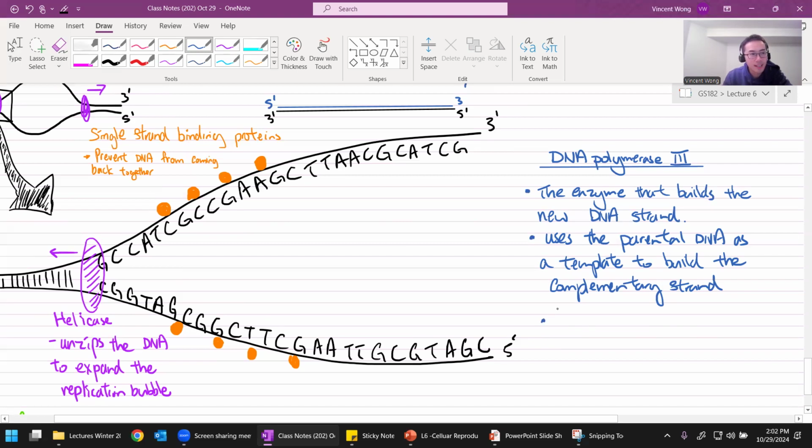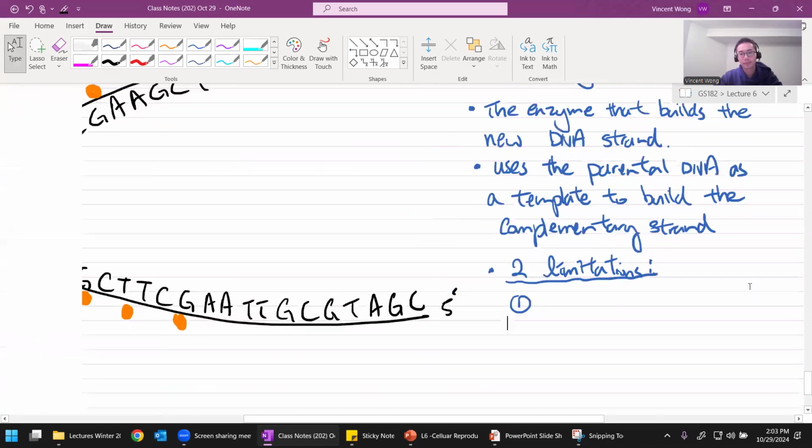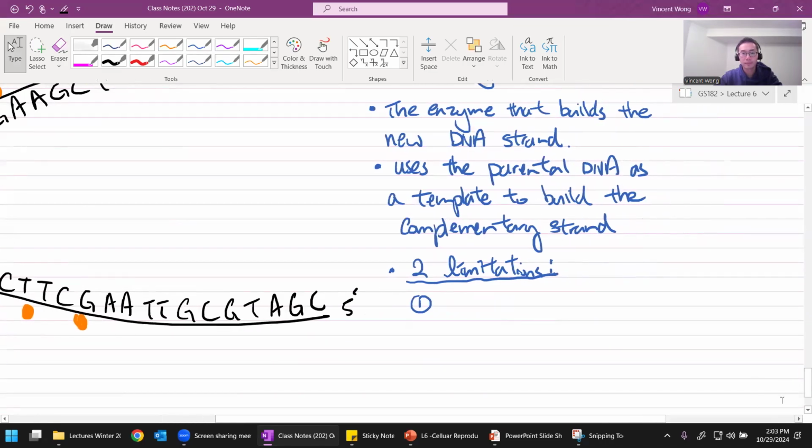But this DNA polymerase 3 has two limitations. Number one, it can only build on an existing DNA strand.